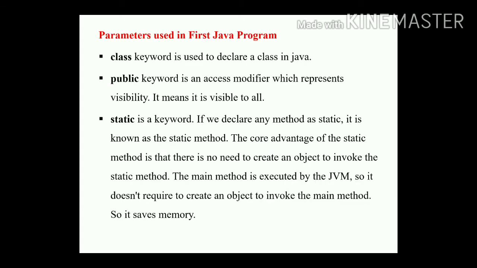Now we can discuss one by one what all the parameters are that we used in the first Java program. First we declare a class. Every Java program is a class definition.